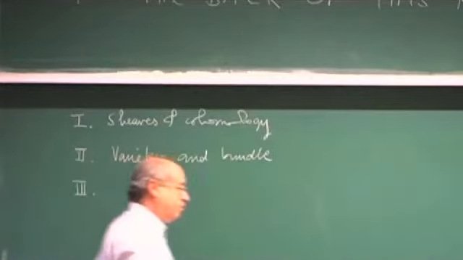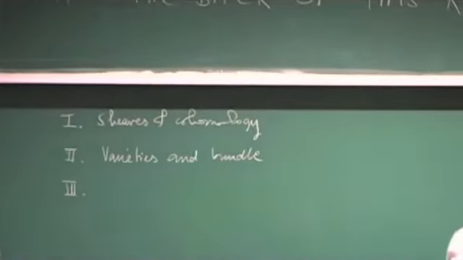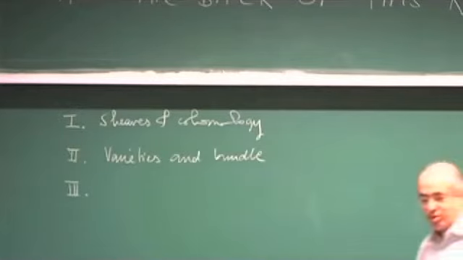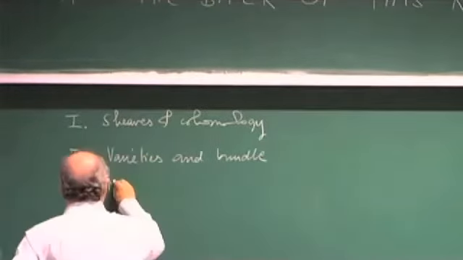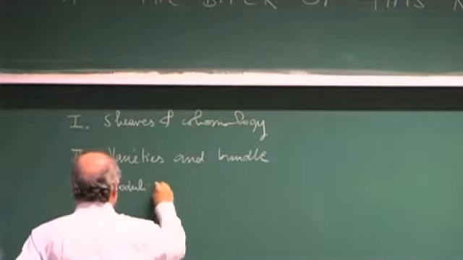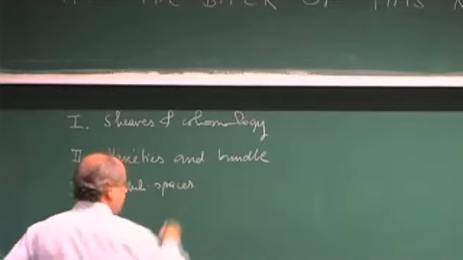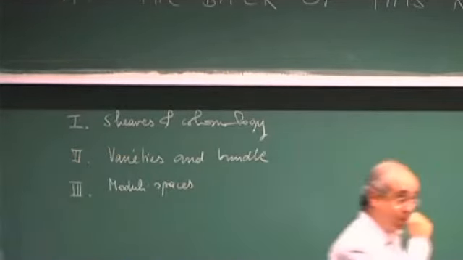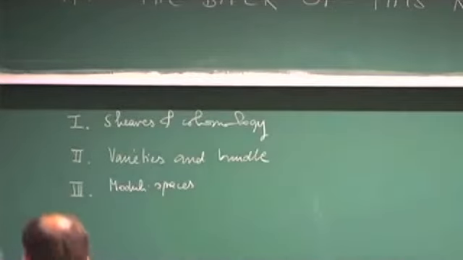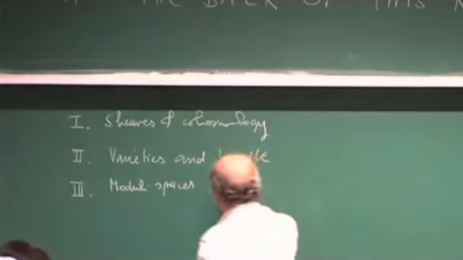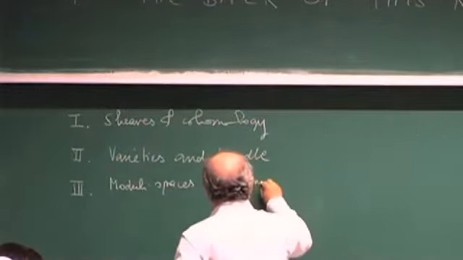And the third lecture, if there will be any time at all left by the previous 2 topics, will be about modular spaces, by which I mean modular spaces of bundles, of stable or semi-stable bundles. Let's say modular spaces of bundles.